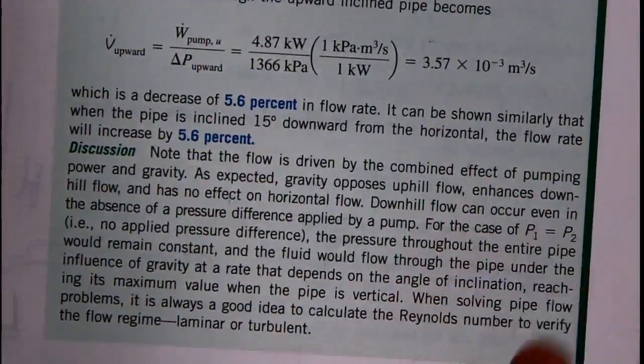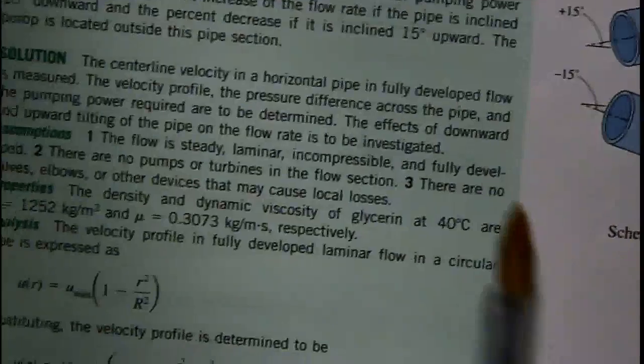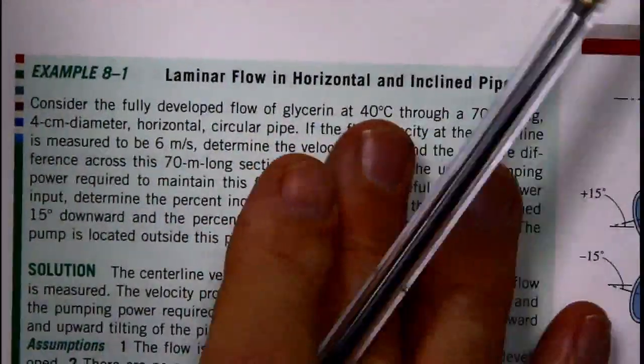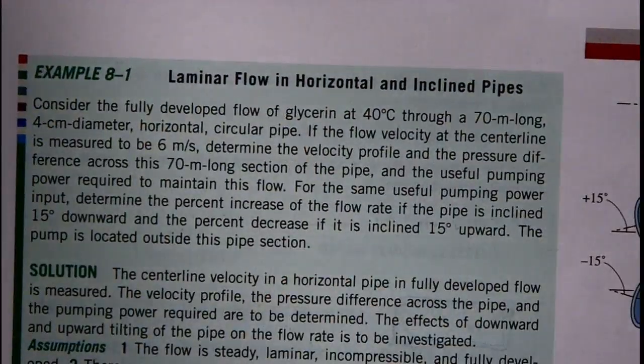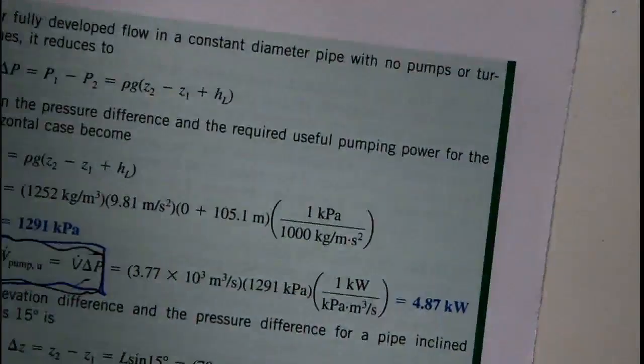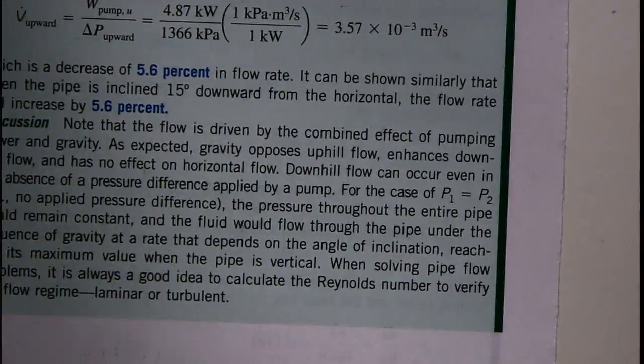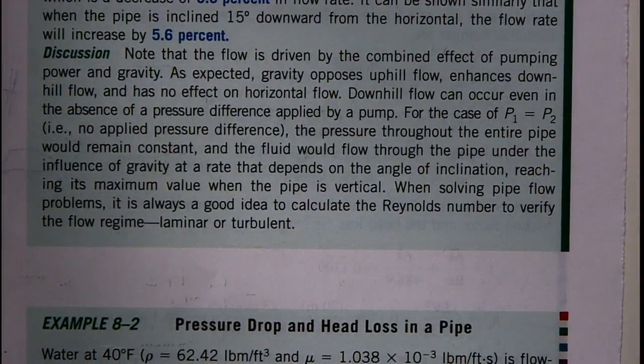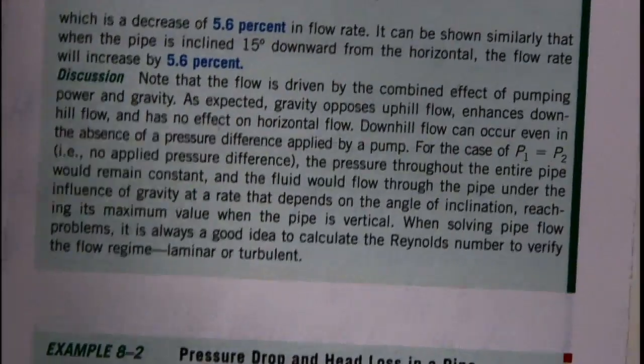Now there you go. Pressure drop and head loss in a pipe. That's very nice. So we have McGill out there. McGill is a very nice problem. Worked well, I'm sure. And also over here you have another one. Pressure drop versus head loss in a pipe.